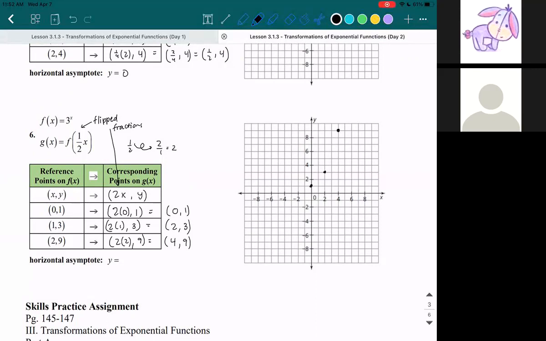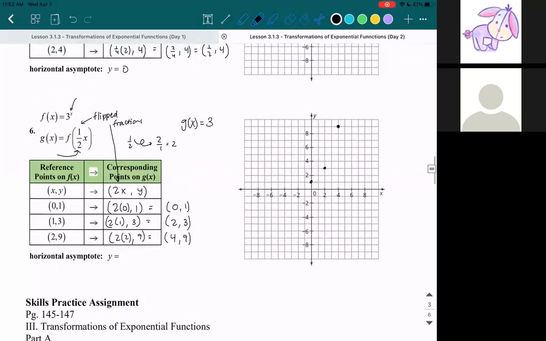Let's write out our equation so we can find the asymptote so that we can graph our graph. So for the equation, literally just write 1/2 x anytime you see the x. So g of x is equal to 3 to the power of 1/2 x. So it's no longer 3 to the power of x, it's 3 to the power of 1/2 x.